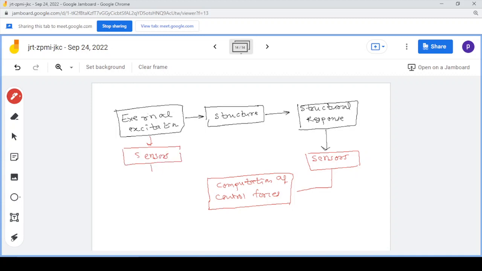Then these sensors are providing data to the control system or our main analyzing element. Then what we are going to do, we are going to transmit that amount of actual force to the actuators.